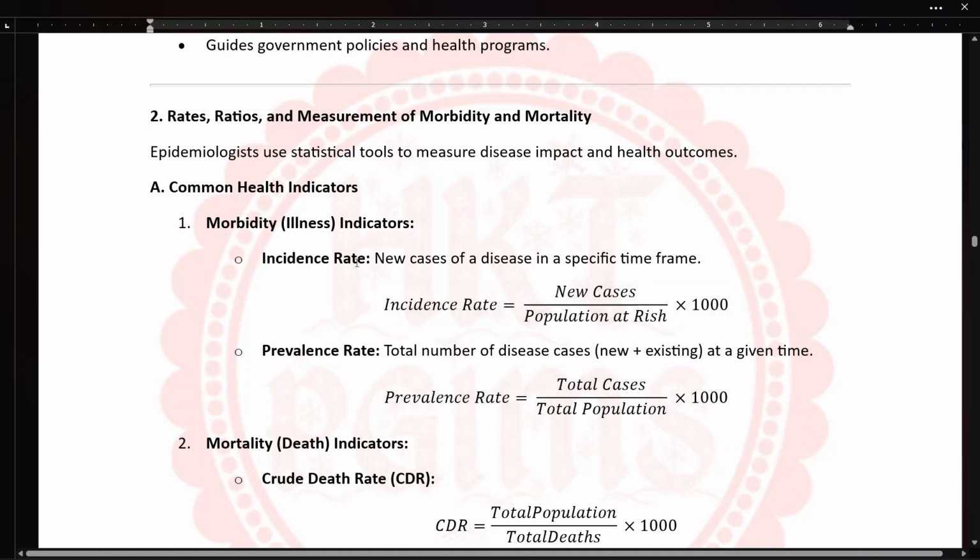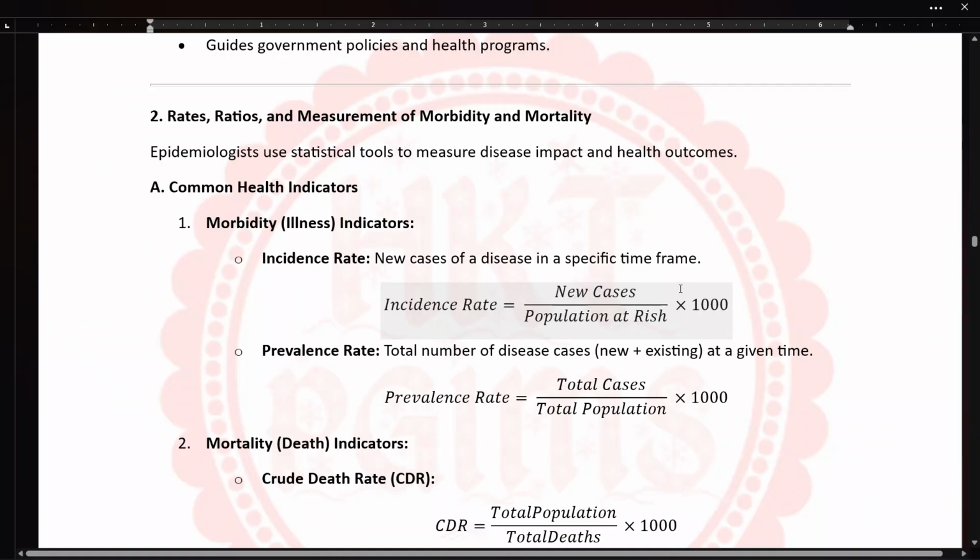So incidence rate: new cases of a disease in a specific time frame. How do we find the incidence rate? New cases, the number of cases that appear, divided by the population at risk. The population we usually take in thousands, like one case per thousand people, two cases per thousand people.